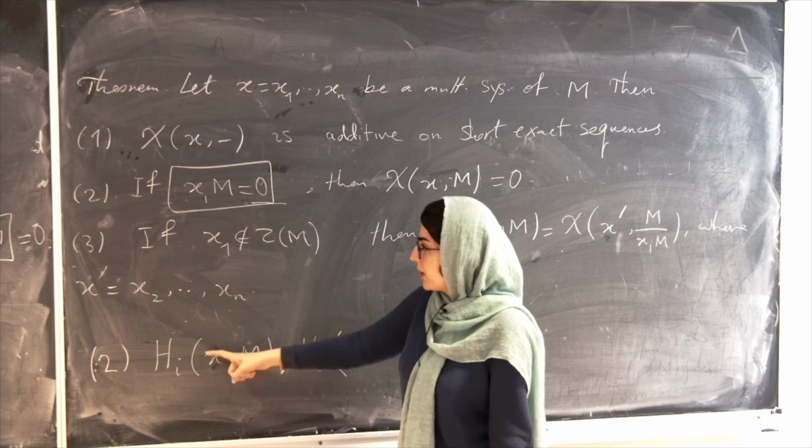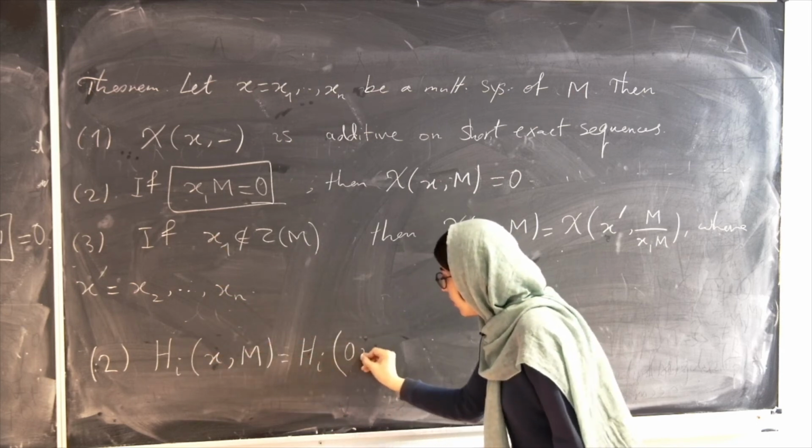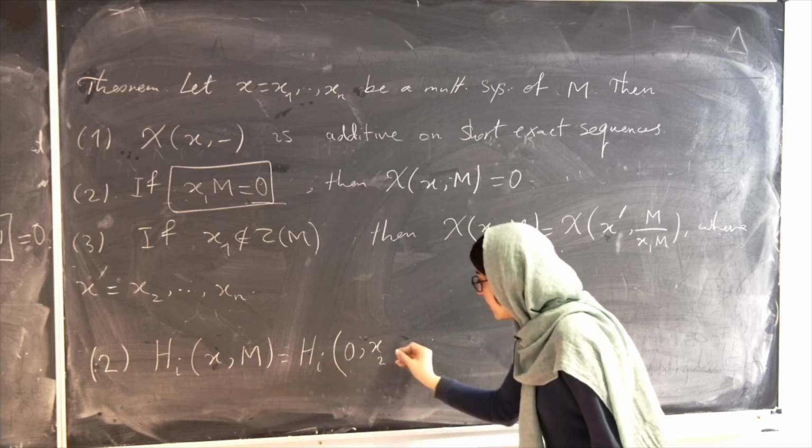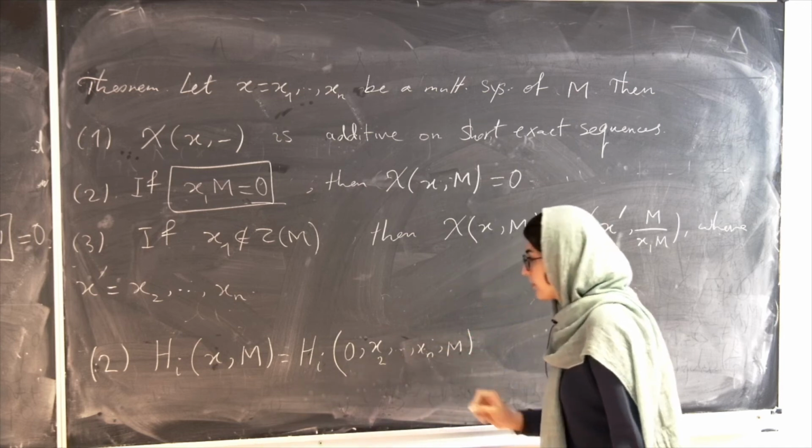So no matter if here in the first place I have x1 or I have 0. So I replace the sequence x by 0, x2 up to xn and m.